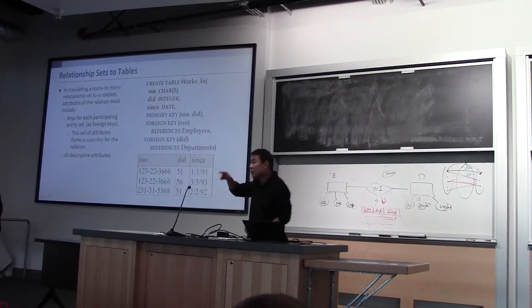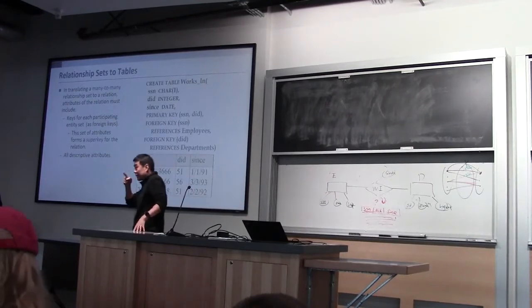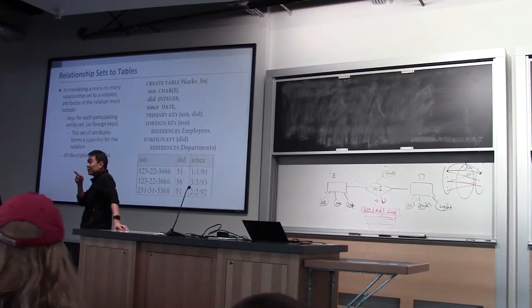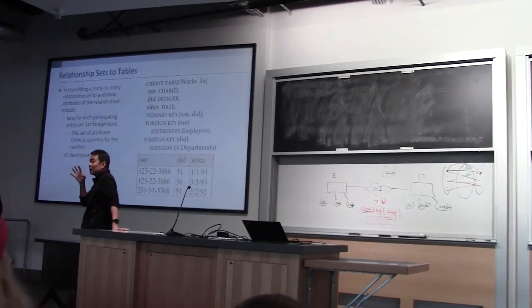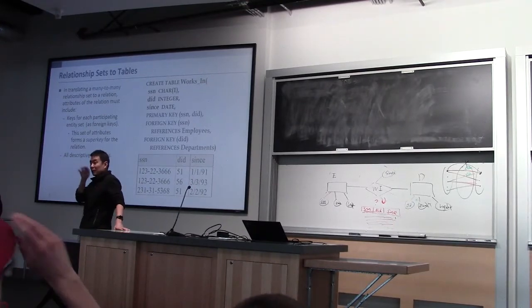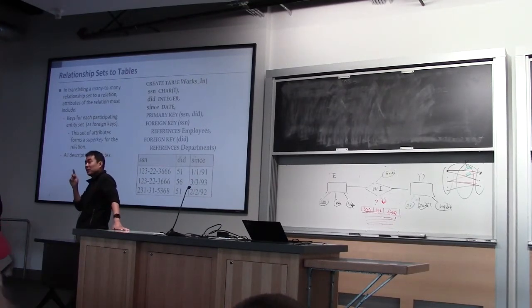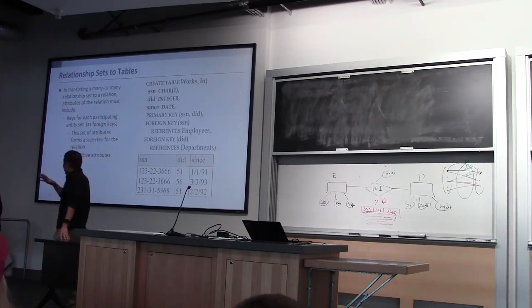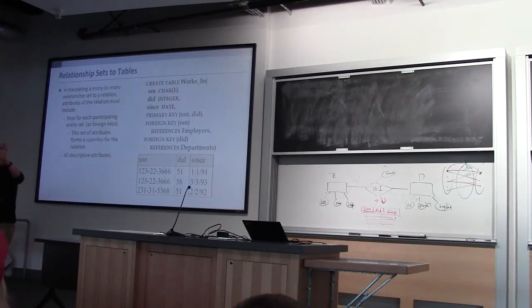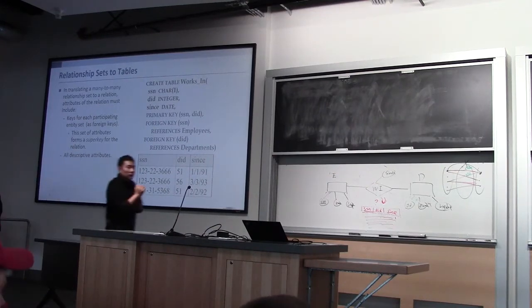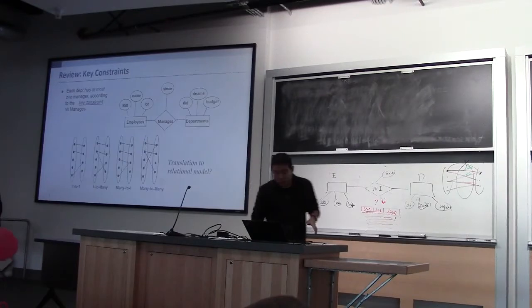In most cases, it's also a key, but in certain cases you only need one of them, depending on the kind of constraint: one-to-one, one-to-many, or many-to-many. But for now, let's consider this just as a key. Because if it's many-to-many, it's a key, for sure. Perfect. Okay, now let me move on.